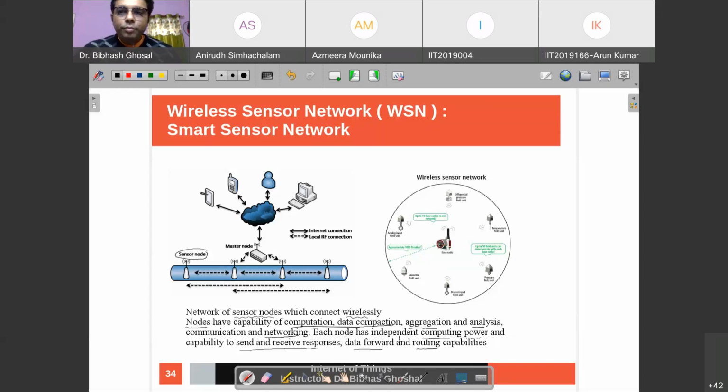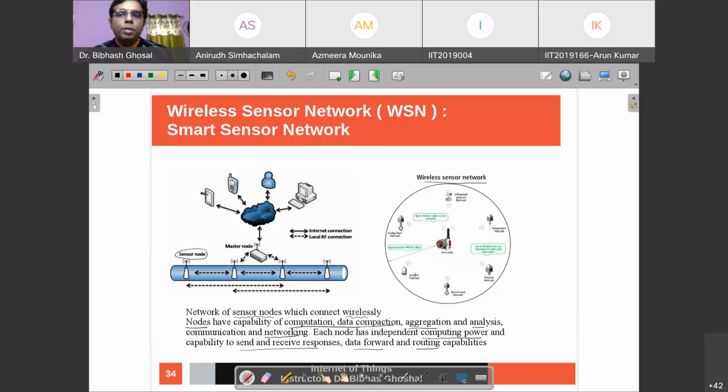So this network of these smart nodes is what we call a wireless sensor network. Each node that you see here is a sensor node, and they communicate among themselves. They exchange data for completing some kind of task.